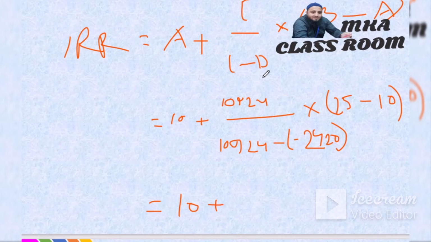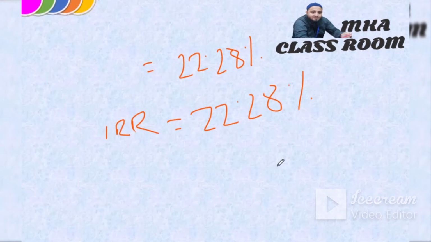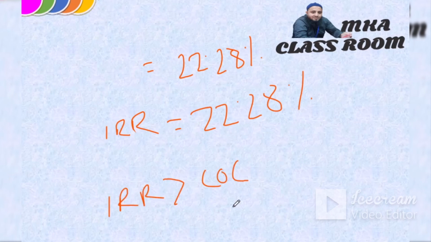So here our IRR is 22.28%. Obviously it is greater than our cost of capital. If IRR is greater than cost of capital, then accept the project. Our cost of capital is 10%, IRR is 22.28%, so obviously we can accept the project.